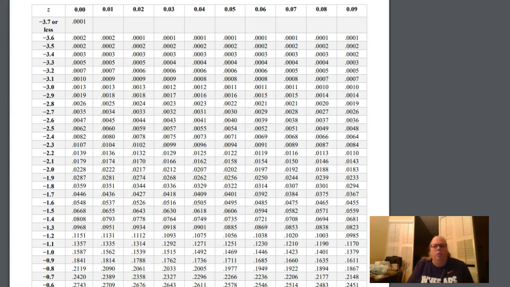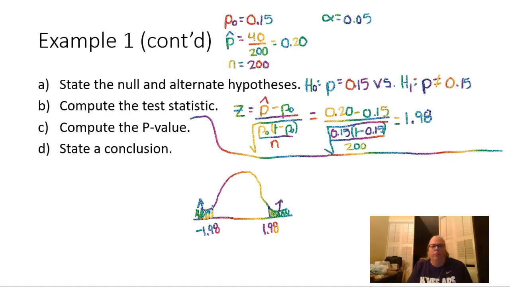This is 0, 1, 2, 3, 4, 5, 6, 7, 8, and we get 0.0239. And this one also is 0.0239.